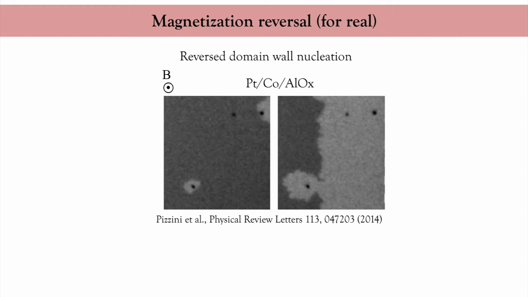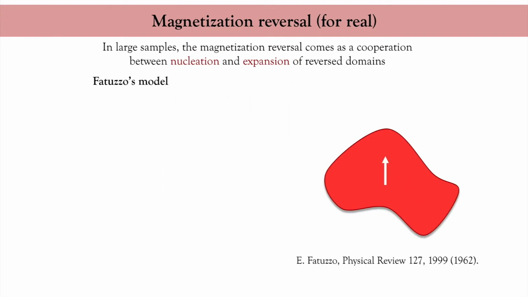Then, when increasing the magnetic field, these reverse domains expand, which gives rise to full reversal, as shown in the right picture. In other words, in realistically large samples, magnetization reversal occurs through the cooperation between reverse domains nucleation and propagation.